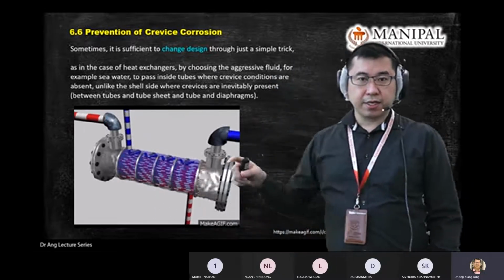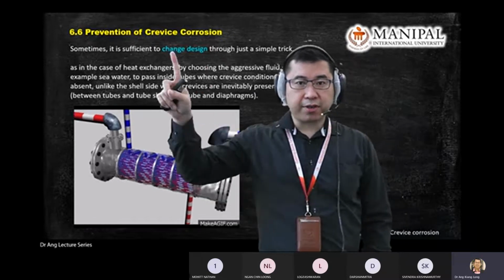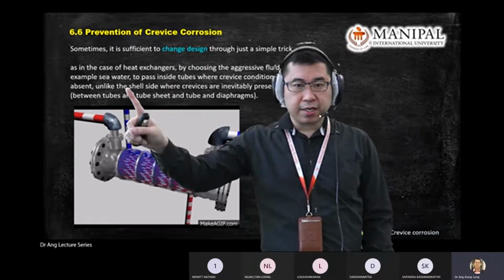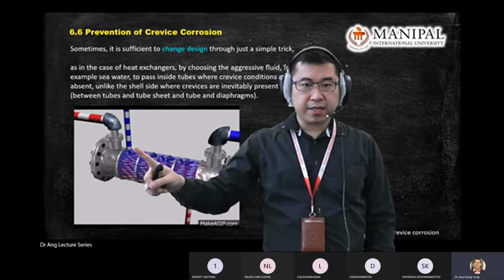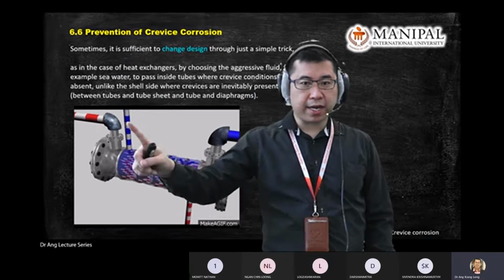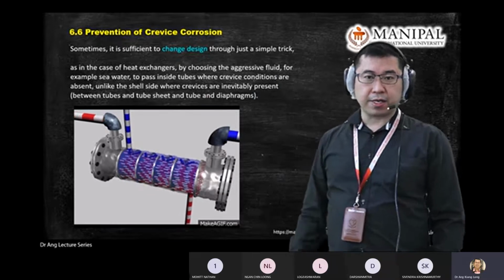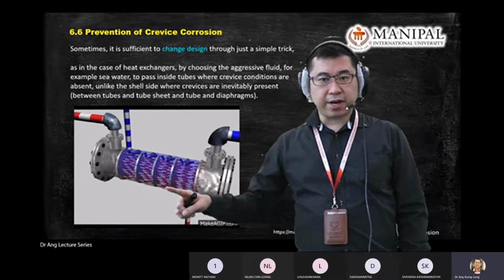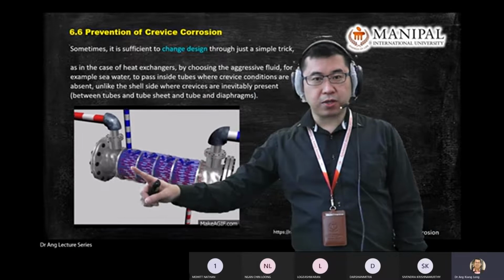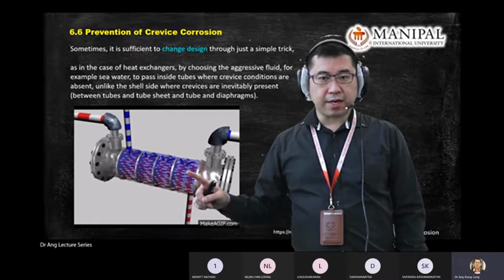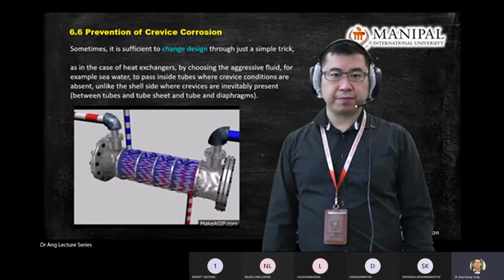So what you do is you cleverly design the way the cold water and hot water bypass, so that the crevice does not appear in those high temperature areas.